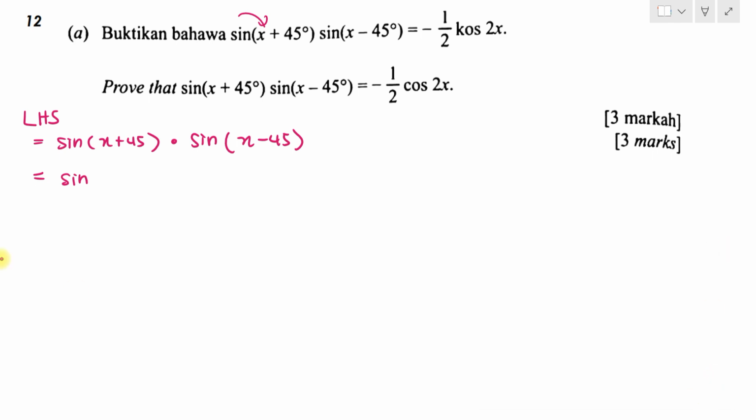So sin cos, plus, we follow the plus, cos sin. This is for the first one. Second one is also the same, but they used minus, so we also use minus.